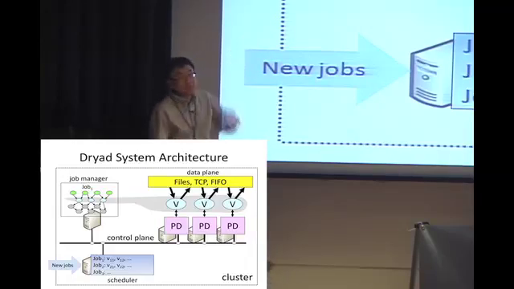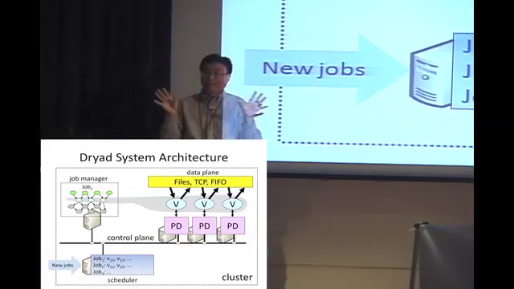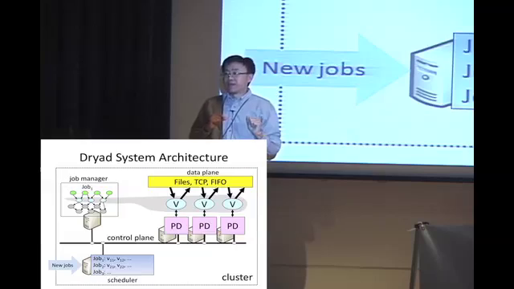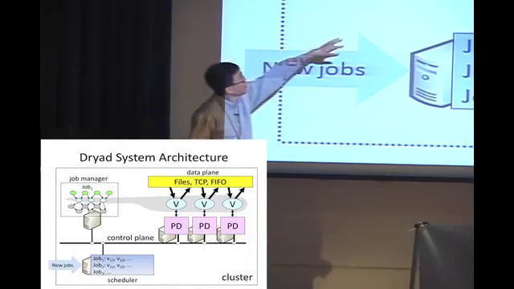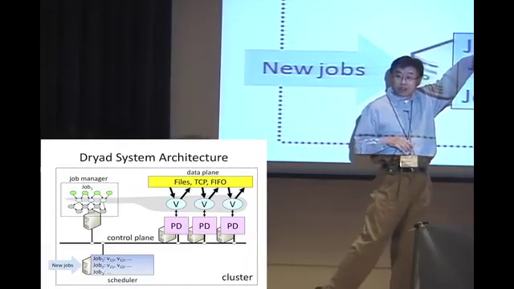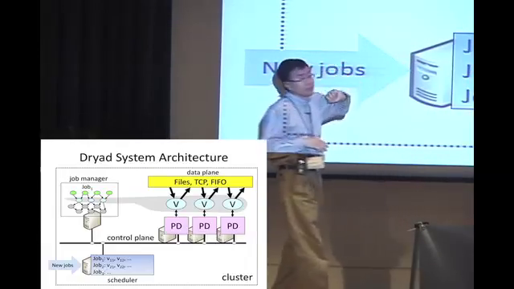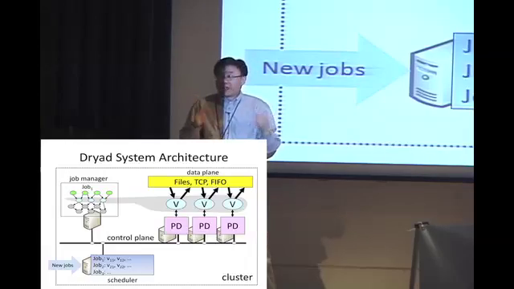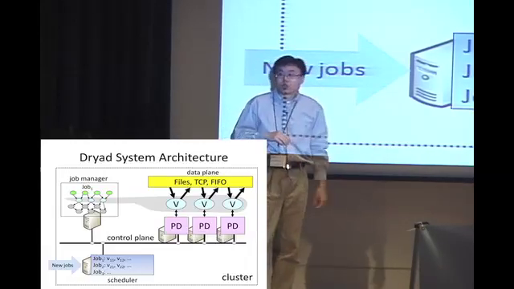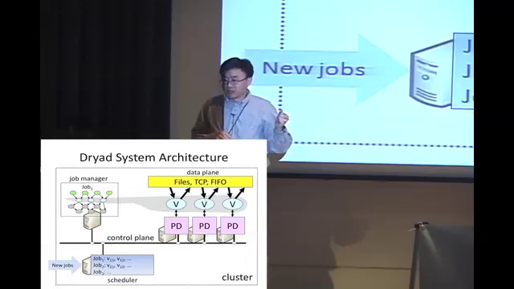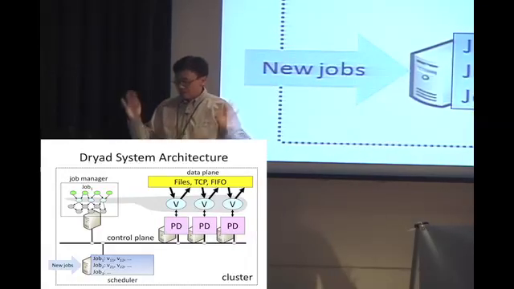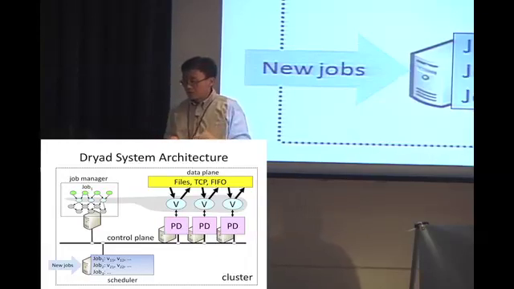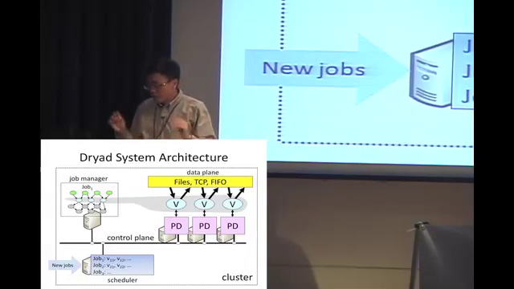The job manager manages the acyclic data flow graph, and talks to the running vertices, which are the mappers and reducers, and provides fault tolerance. If some guy is running very slow, just kill it and run it someplace else. And so this is pretty much what Dryad is. But there's a paper on this, and you can read the paper with all the fine details about Dryad.